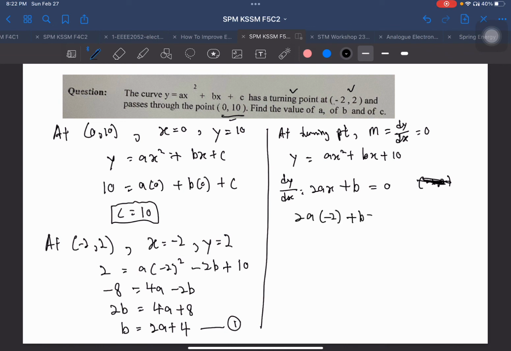So you get the second equation. Now what to do? You have b in terms of a, and another equation. Two equations, two unknowns, so you can solve the simultaneous equations. Just substitute 1 into 2.